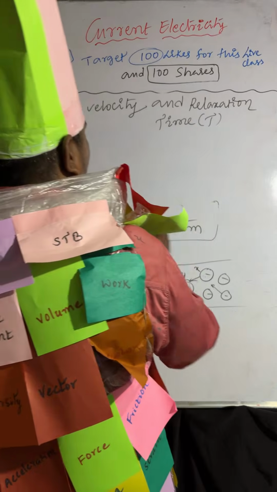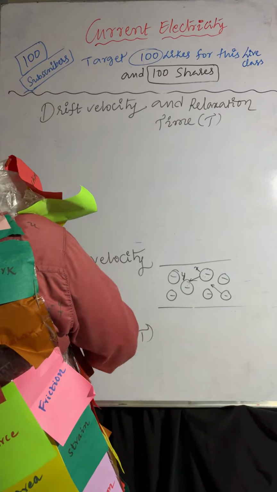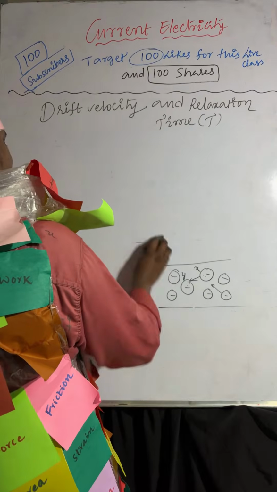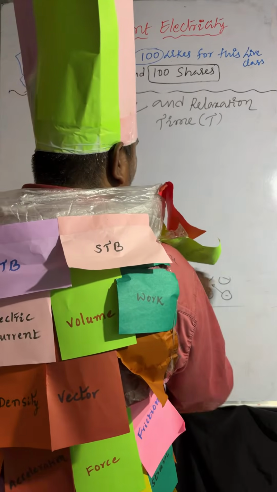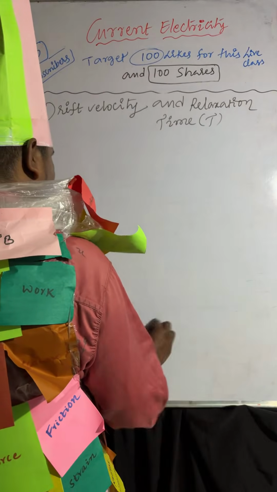Current and drift velocity. Understood or not?